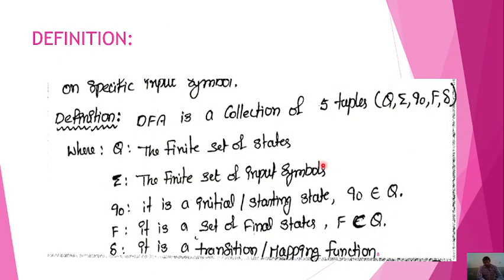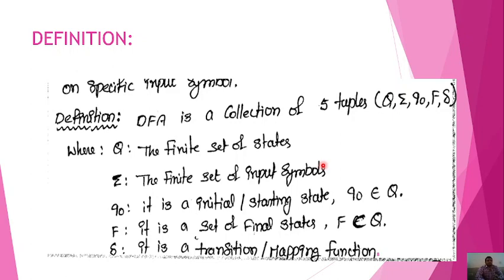Now we discuss the proper definition of the DFA, deterministic finite automata. A DFA is very similar to the finite automata. It is a collection of five tuples: capital Q, sigma, Q naught, F, and delta.